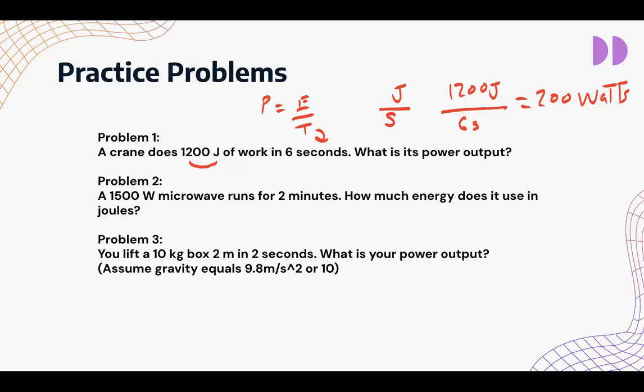So you can also just say the power output is 200 joules per second. You're outputting 200 joules of energy for every second you leave it on. So for every second that the crane works, it's doing 200 joules of energy.